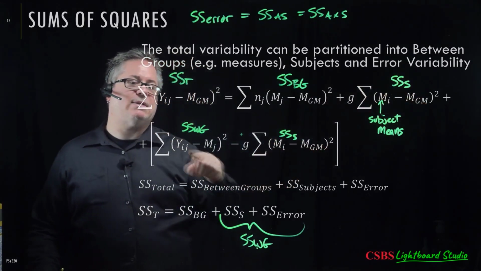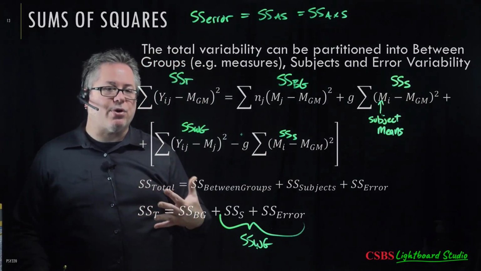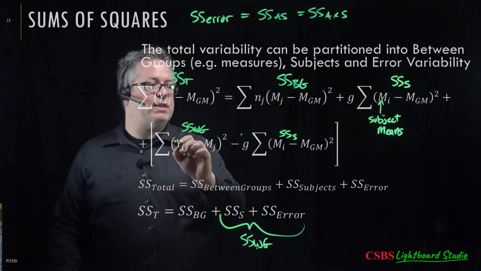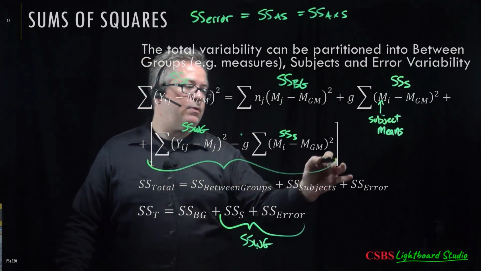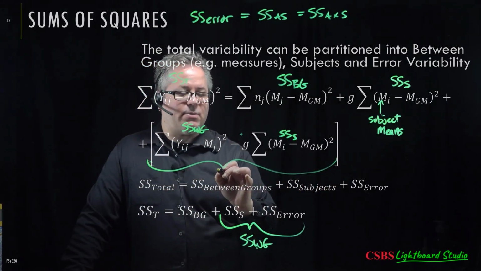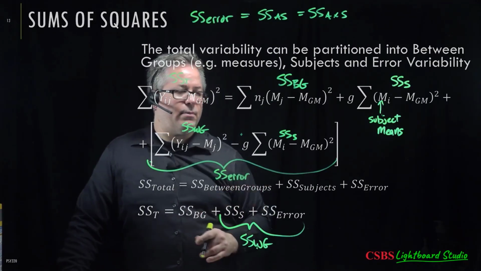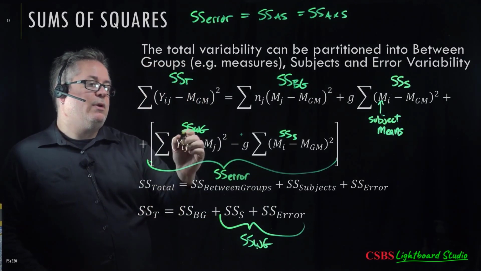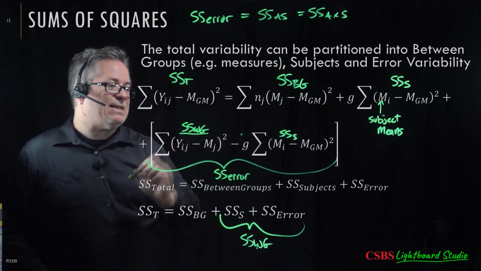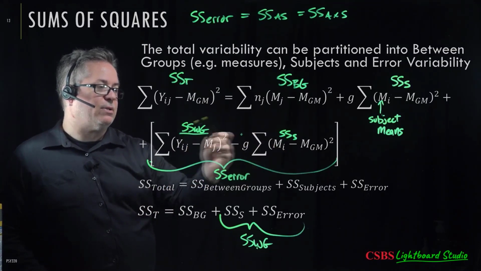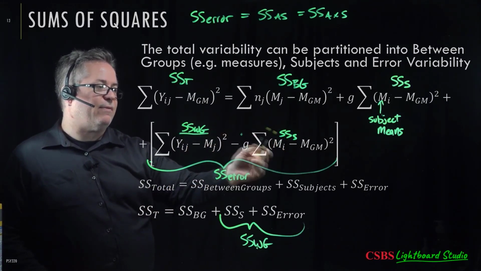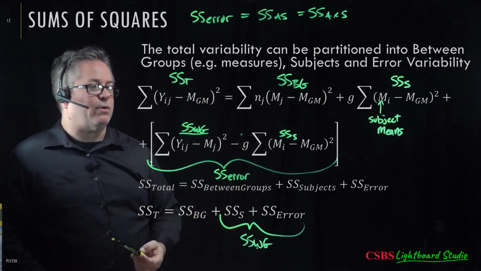And in the brackets, I have a sum of squares for error. So this whole thing, from here all the way to there, is going to be our sum of squares for error. Because there's a sum of squares for error inside the sum of squares within groups, to find it, I'm going to subtract the other part out, the sum of squares for subject. And what's left is the sum of squares for error.